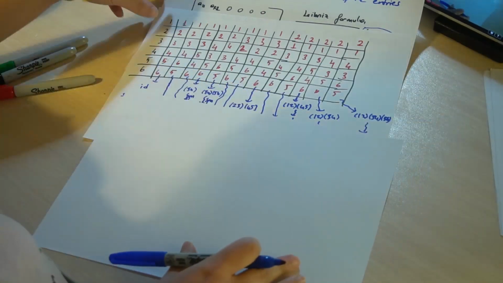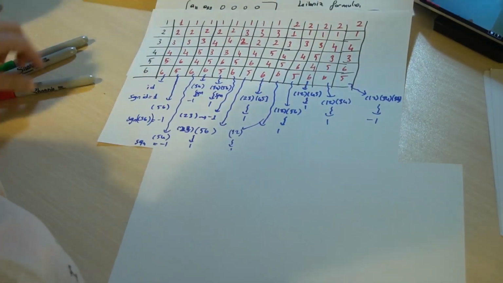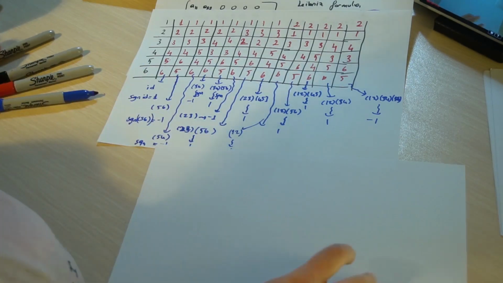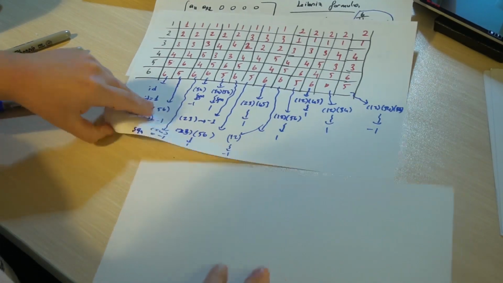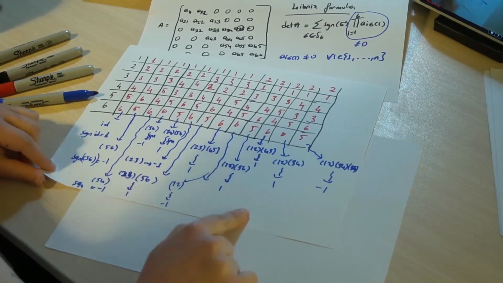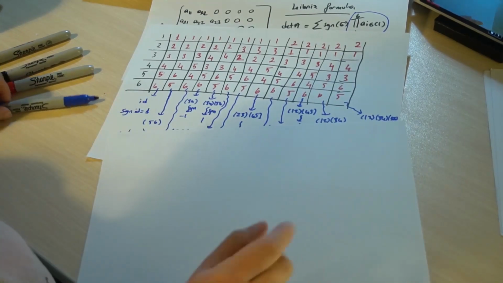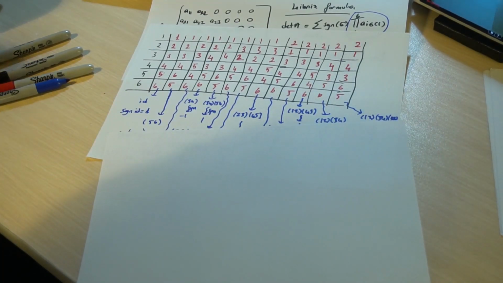Now, if we write more properly, now I find all the possible permutations. Now I need to express the determinants in terms of aij's.